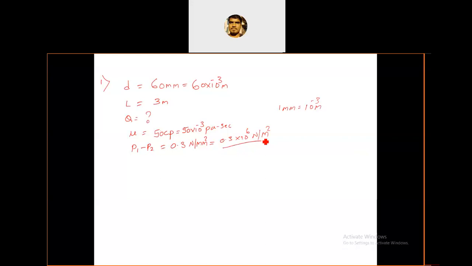We know the equation for flow through a capillary tube, which we already derived. So Q is equal to pi r to the power of 4 divided by 8 mu dp by dx.